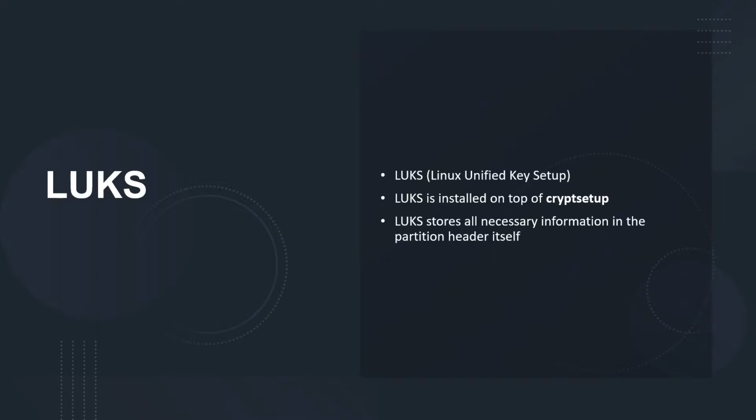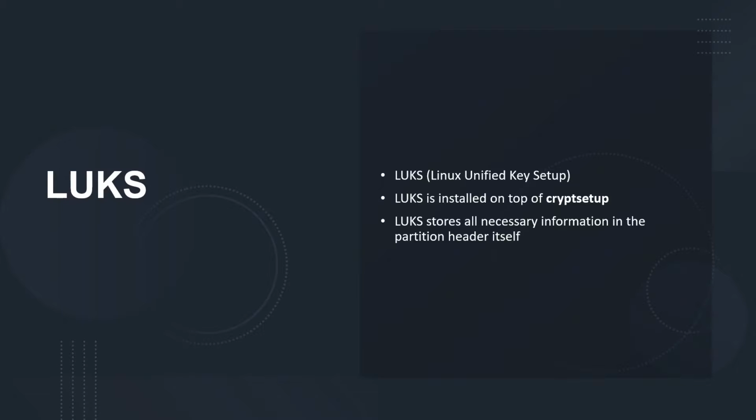LUKS is installed on top of cryptsetup, a powerful utility that can also use other methods such as plain dm-crypt volumes, loop-AES, and a TrueCrypt compatible format. We will not discuss these alternatives, as LUKS, which was originally designed for Linux but has also been exported to other operating systems, is the standard method most often used in Linux.